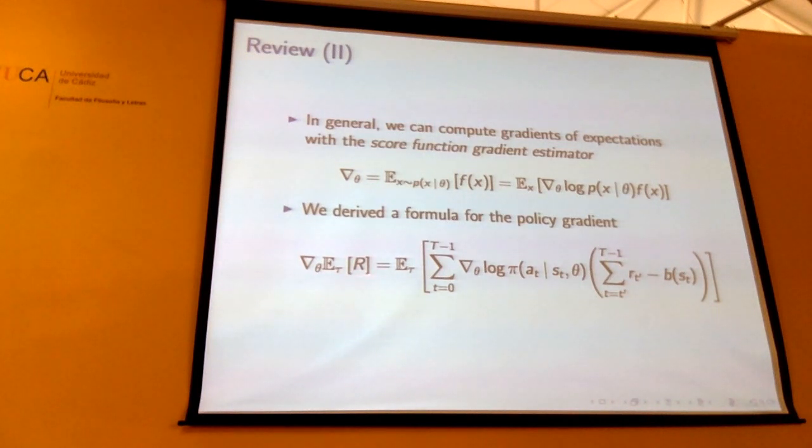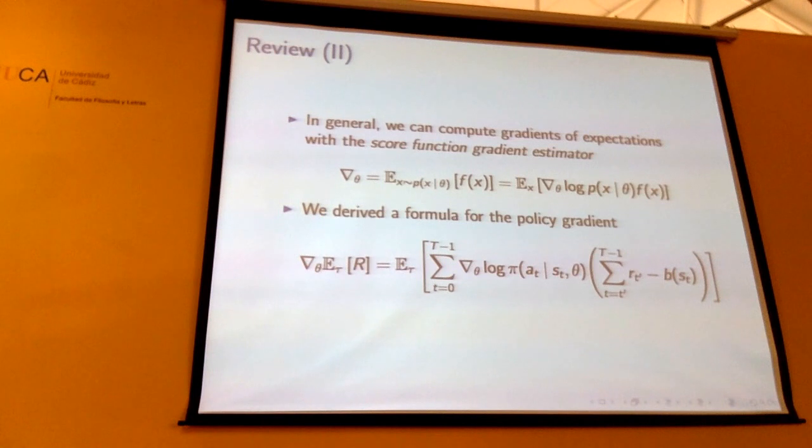So we're computing the gradient with respect to the policy parameters of expectation over trajectories of total reward, and that ends up being you sum over all time steps of the trajectory, that's t, and you have grad log probability of the action, times this expression, which is sum of future rewards, so those are all the rewards you receive after the action, minus some baseline. And we had to do a little work with manipulating these expectations to get from this formula to this formula, but it was fairly straightforward.